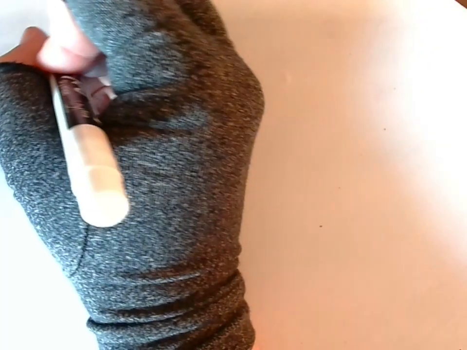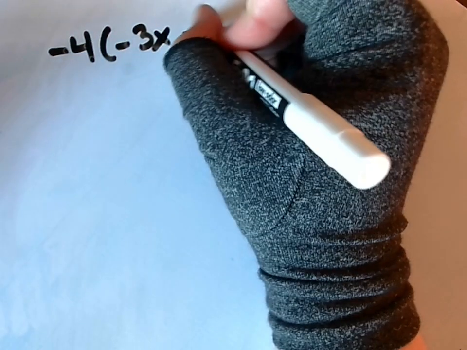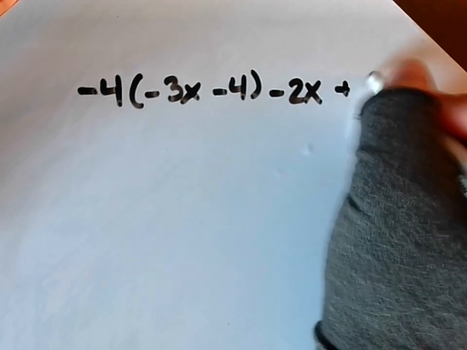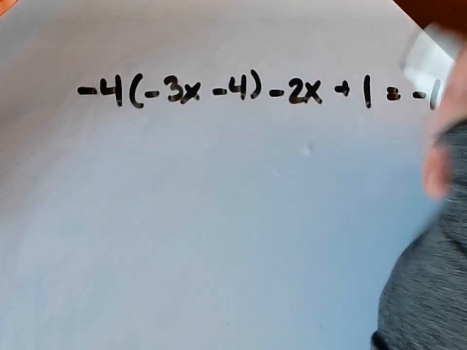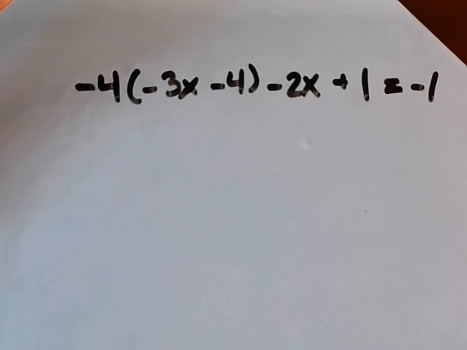Now I have a slightly more complicated one for us. Negative 4 times the quantity negative 3x minus 4 minus 2x plus 1 equals negative 1. That's an equal sign. Okay, so how do we solve this? First things first, we see parentheses.